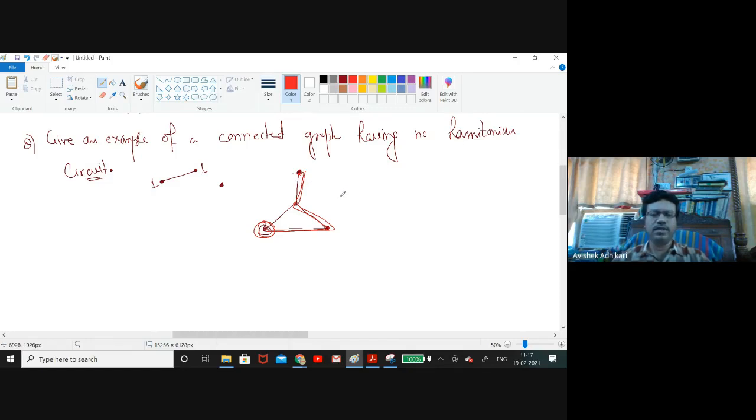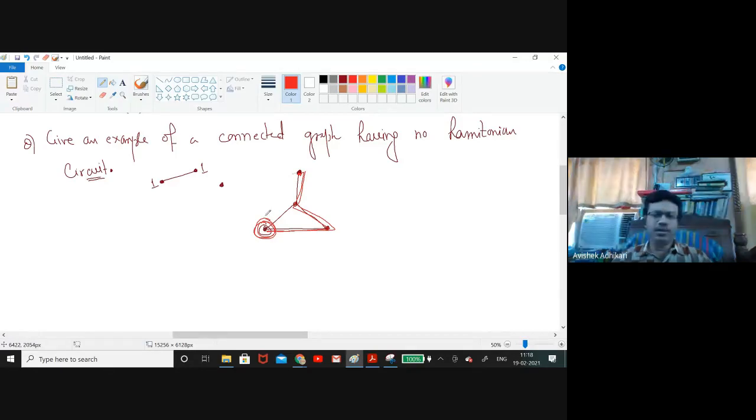Okay, so now you can reduce the definition. So why not have a Hamiltonian path? That means you may not need to come back to the original position, like in the example Akash gave here, where if you start from here, you will not have any edge to come back here. So let us dilute the definition.